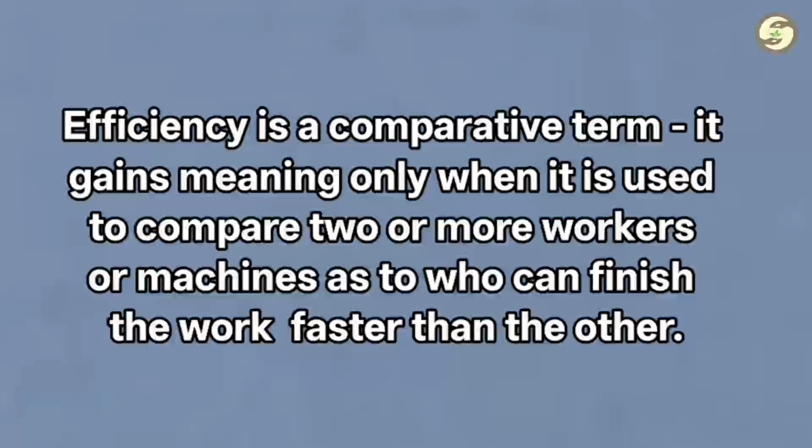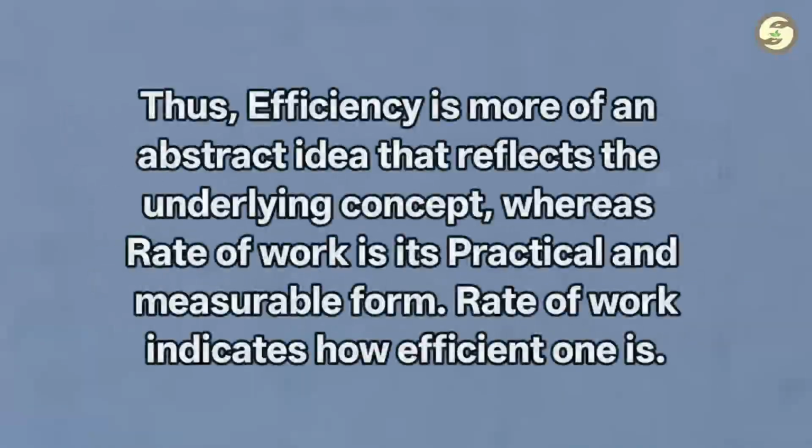It gains meaning only when it is used to compare two or more workers or machines as to who can finish the work faster than the other. Thus, efficiency is more of an abstract idea that reflects the underlying concept, whereas rate of work is its practical and measurable form. Rate of work indicates how efficient one is.